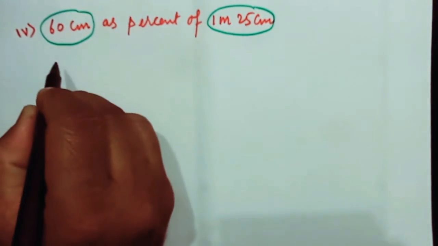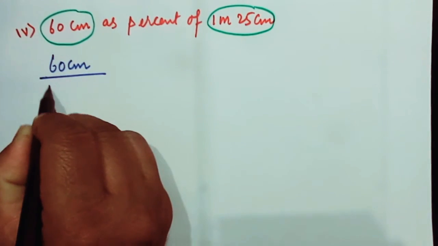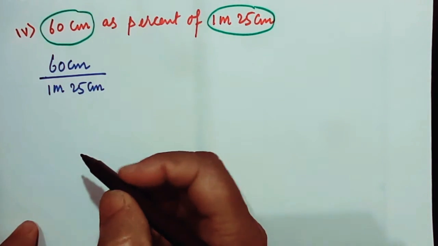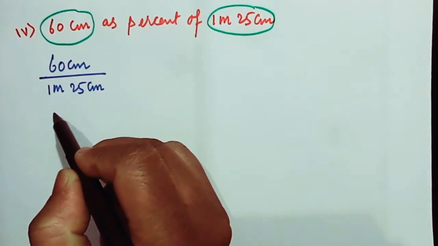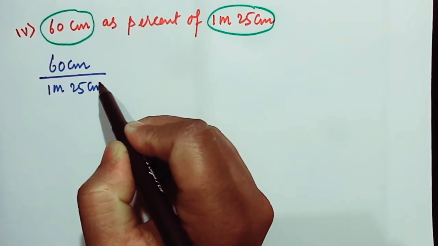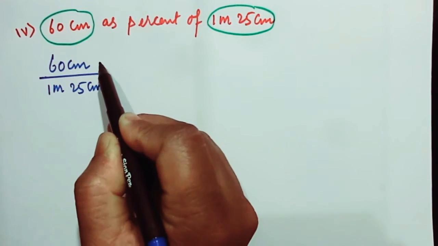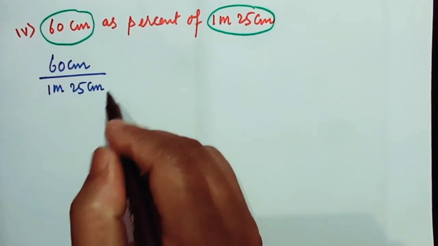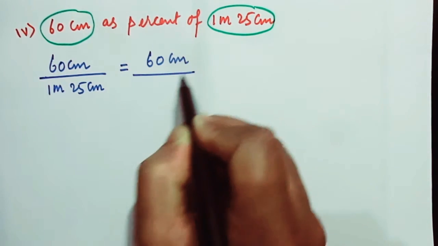So let's convert them into simple ratio. 60 centimeter by 1 meter 25 centimeter. Now, in order to get a pure fraction, the unit should be cancelled. So in order to cancel the unit, we have to convert both the numerator as well as the denominator into one particular unit.